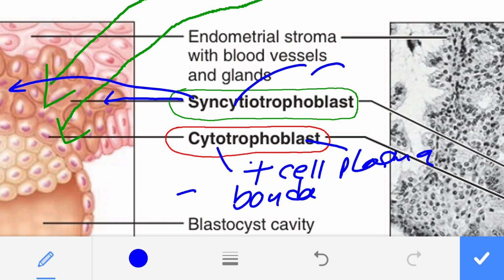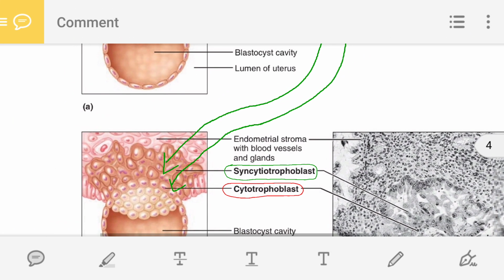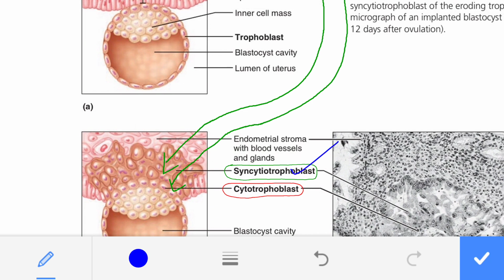So now I am showing you one cell. This is the syncytiotrophoblast, for example. What happens? The plasma membrane is eroded. The plasma membrane ruptures, so all the cytoplasm of the cell and the nucleus will come out. This cytoplasmic mass with the nuclei is known as syncytiotrophoblast.